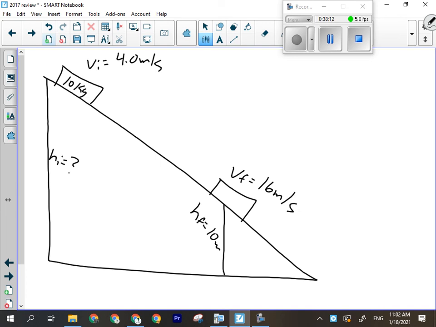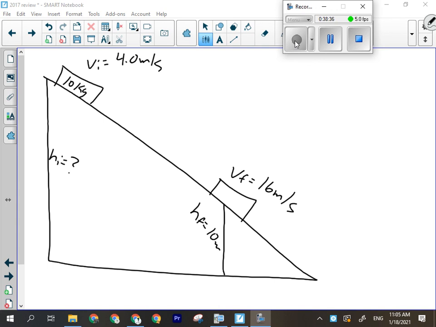All right, this box is sliding down a frictionless hill. At the top of the hill, we don't know how high it is, but it's moving at 4 meters per second. And a little while later, it is now only 10 meters from the bottom, but moving at 16 meters per second. Tell me how high the hill is.